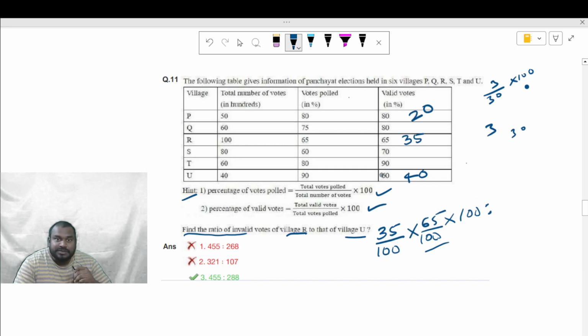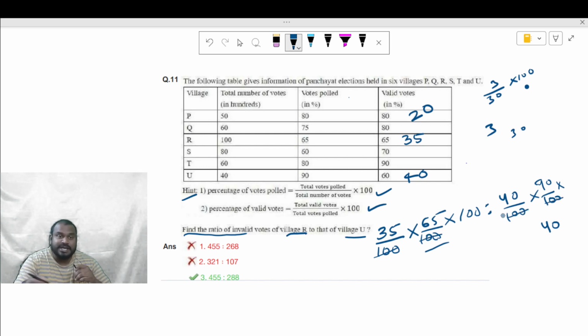With what? With U. For U, it is 40% of 90. 90 by 100 of what? This 90 is calculated again on 40. So here 40 will come. Now these hundreds will get cancelled because it's a ratio.